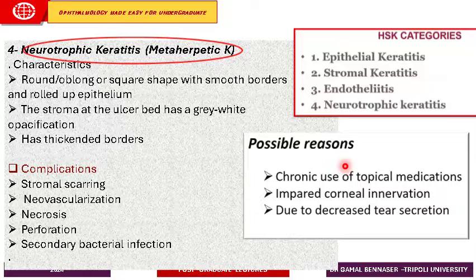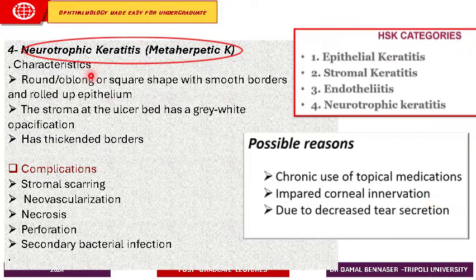This leads to what's known as keratitis medicamentosa, and this is part of the problem, leading to toxicity of the epithelium and impairing the healing of the epithelium. The other thing is the decrease in the tear secretion, which is also related to the innervation. You know, the tear production mechanism is related to the nerve endings.